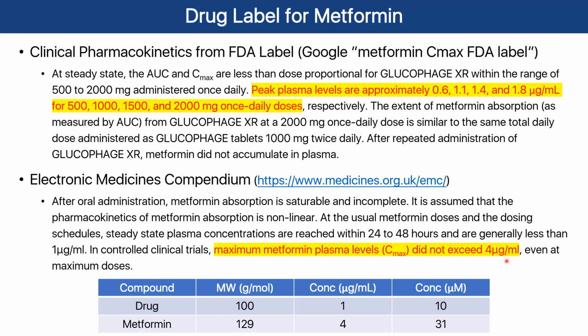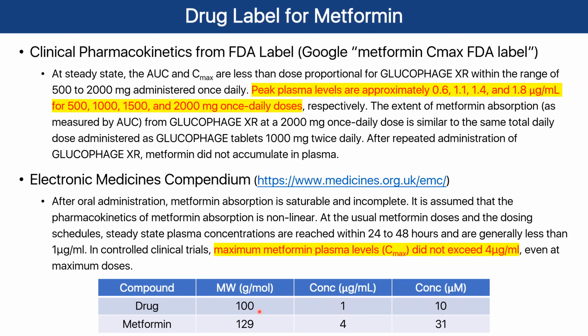When you see that, you basically need the molecular weight of metformin to convert that to concentration. As a rule of thumb, how do I do the math? I memorized this: if a drug has a molecular weight of about 100, a concentration of 1 microgram per ml corresponds to 10 micromolar, right?